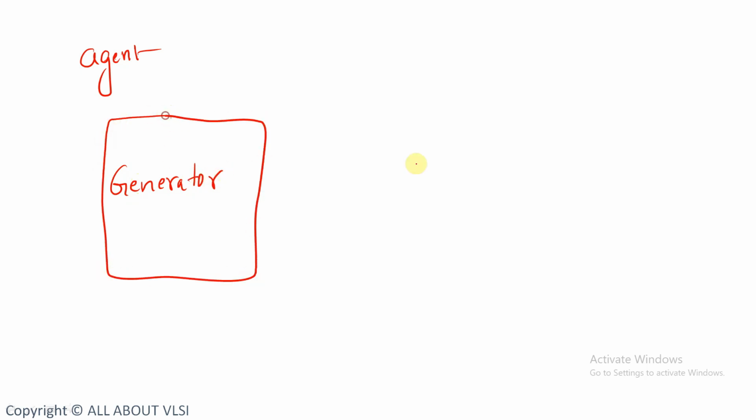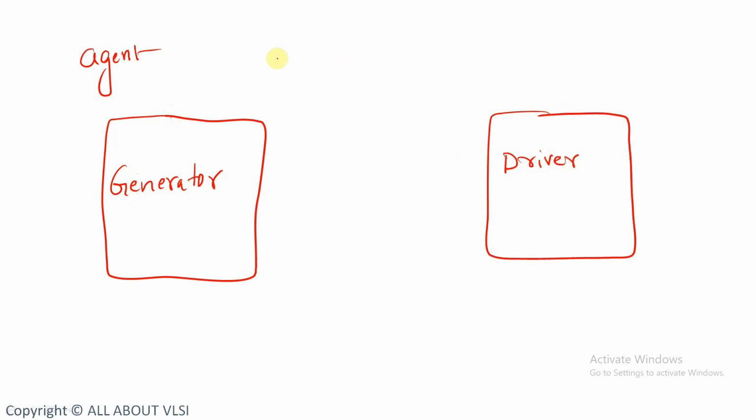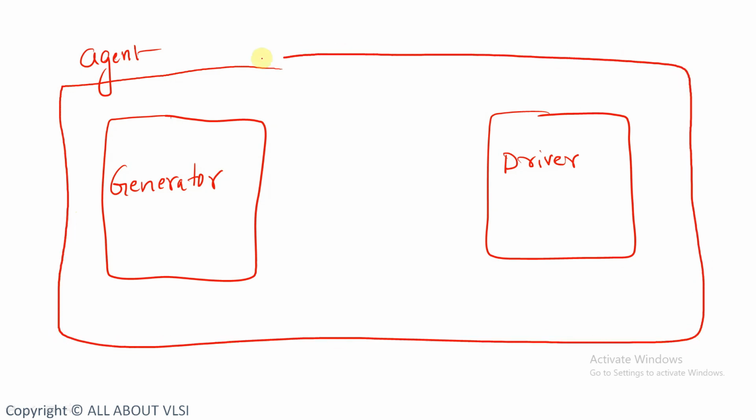Before discussing the code, let us see one scenario where we have an agent, and in this agent we have a generator block as well as a driver block, which are instantiated in our agent.